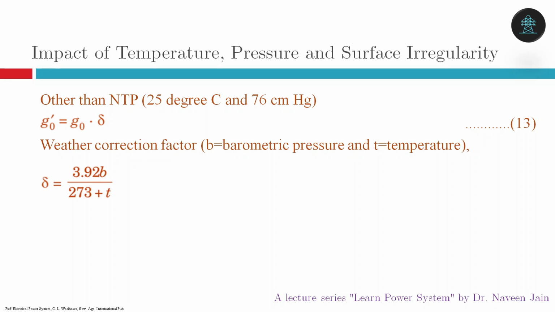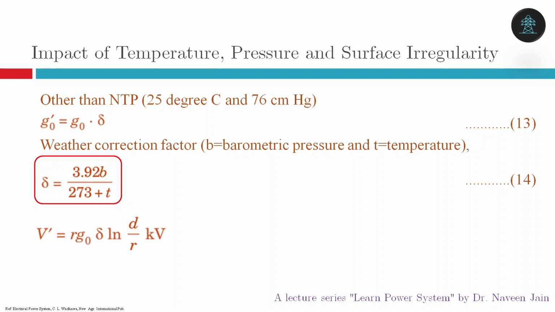In the expression of this weather correction factor, we have b, that is barometric pressure, and the term t stands for temperature. So this gives an idea about weather correction. Now, this term is included in voltage expression.